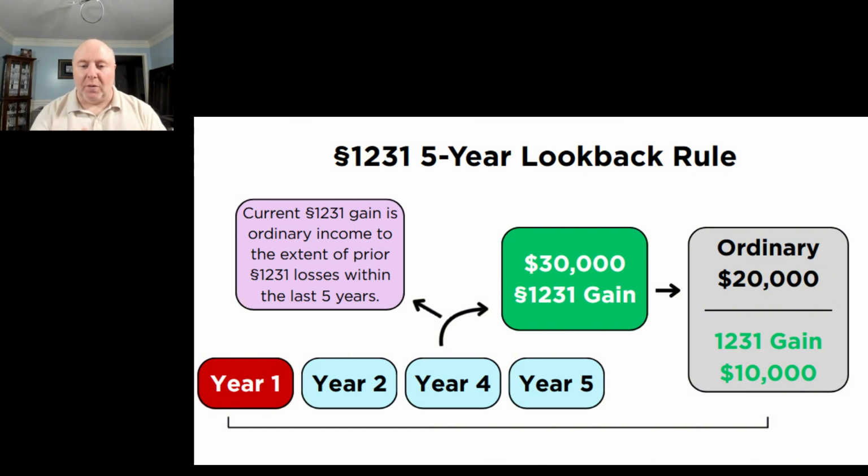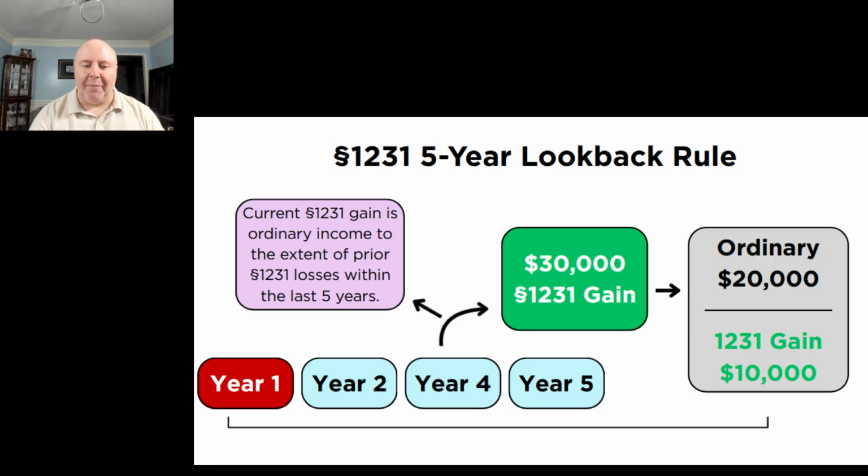So here's what we're looking at. Let's say in year one, we had that loss of $20,000 from the last problem that we were dealing with, right? And I believe I said that was the equipment. So we had a $20,000 loss from the equipment, which we said was a 1231 loss. Well, we put this on our list, and it's now part of the 2021 year, so 2021, and we have a $20,000 loss.